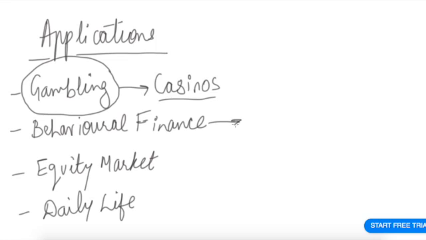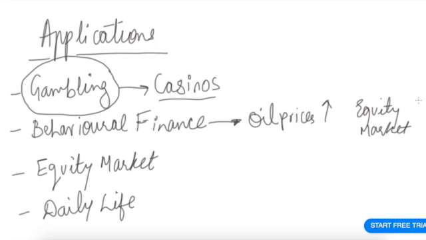Example, behavioral finance. One might ask, how would an oil price increase affect the equity market? Would it go down or would it go up?